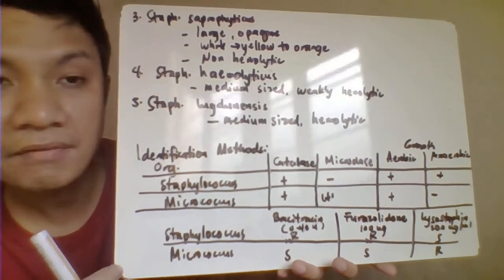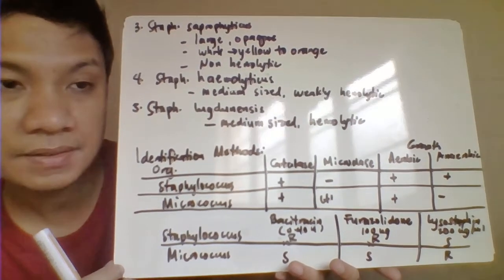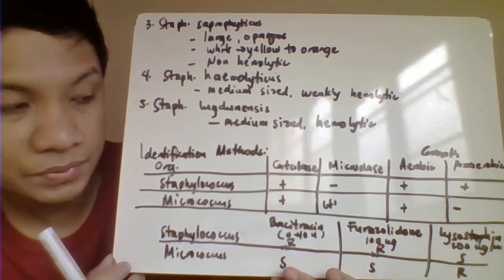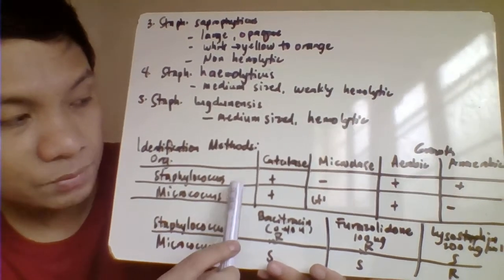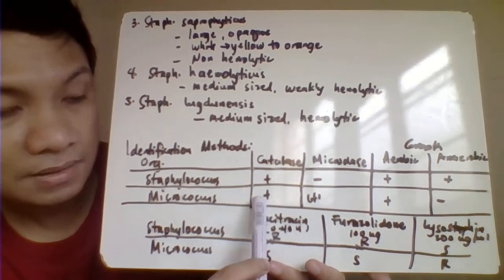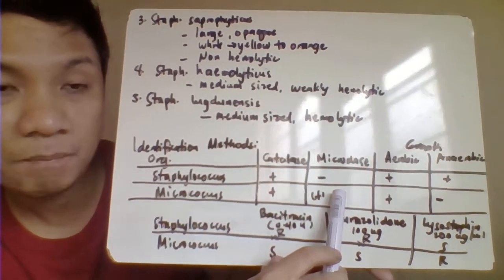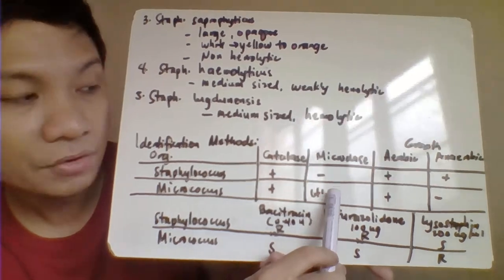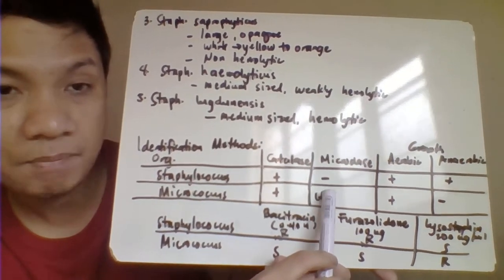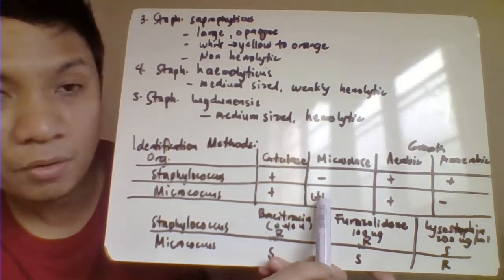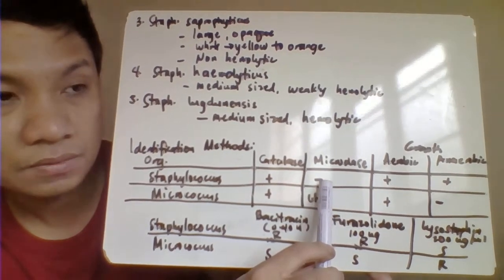Okay, now we have the differentiation between your Staphylococcus and Micrococcus. Both of them are catalase positive. For you to differentiate, there is your microdase test or modified oxidase test. This oxidase test will only give a positive result with your Micrococcus, but not your Staphylococcus.